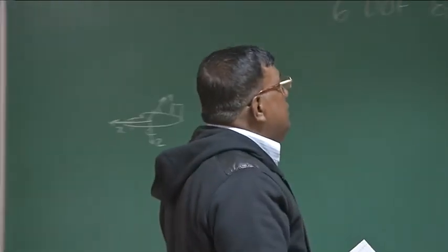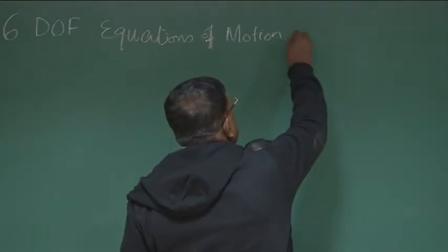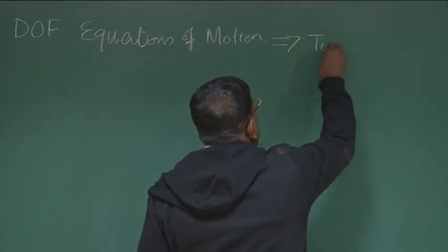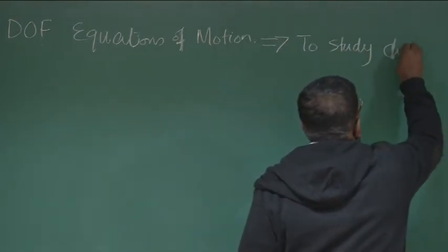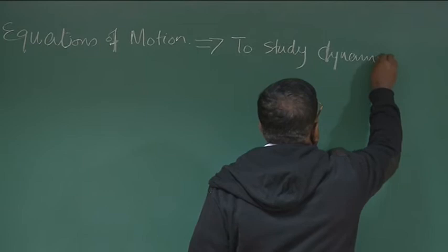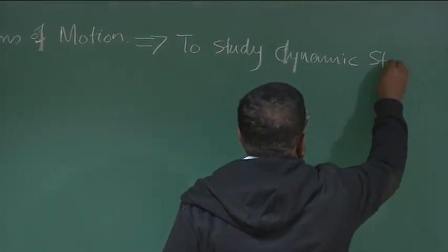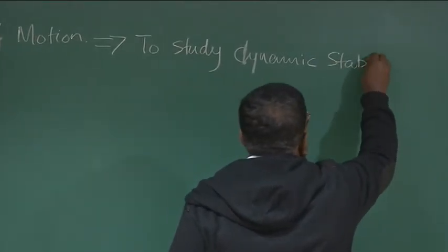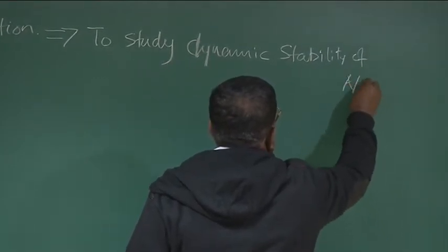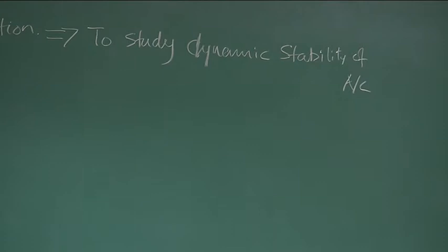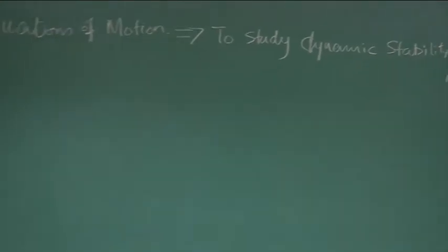Why are we developing this 6 DOF equation of motion? Our primary aim is to study the dynamic stability of an airplane. 6 DOF equations of motion can be used for so many things.